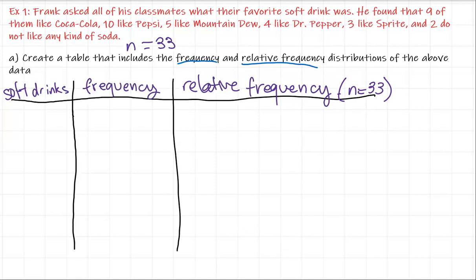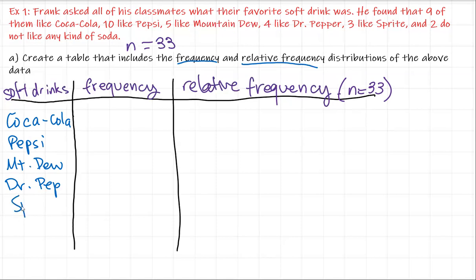So let's go ahead and put in our drinks. Here is Coca-Cola, Pepsi, Mountain Dew, Dr. Pepper, Sprite, and none, because we have people that don't like any soda.